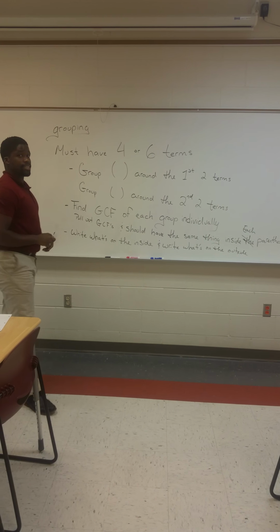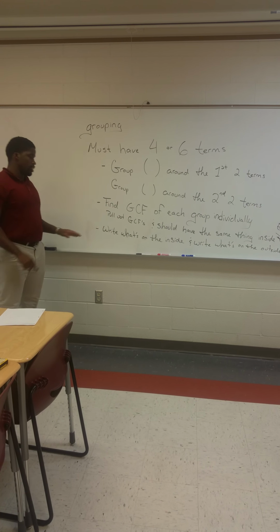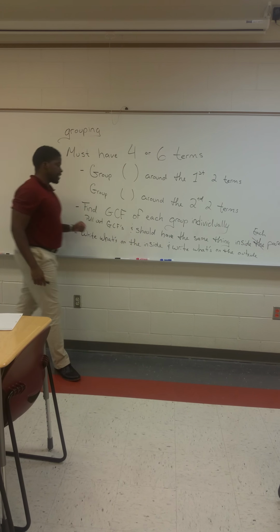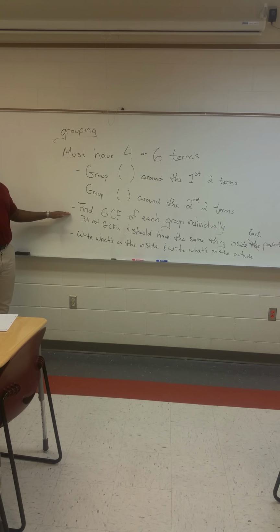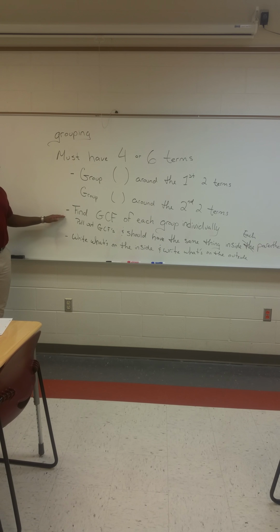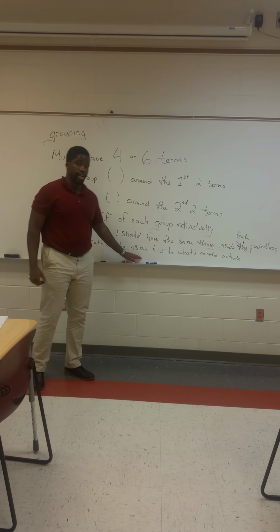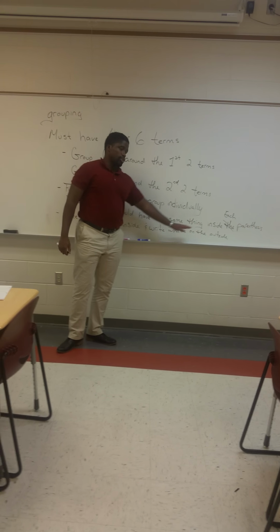Remember that you cannot complete factoring by grouping until you have completed this step, which means we can't stop after we've just found the GCFs and pulled them out. We can only stop after we have written what was on the inside and what's on the outside.